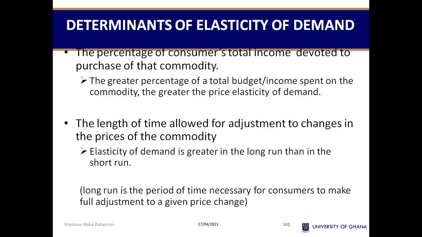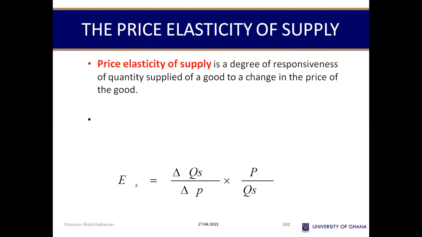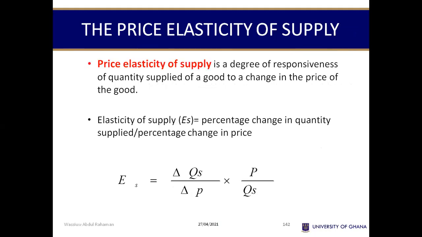And the last one is the time frame. In the short run, it is inelastic, but elastic in the long run. So that completes the discussion on the concept of elasticity with respect to demand.